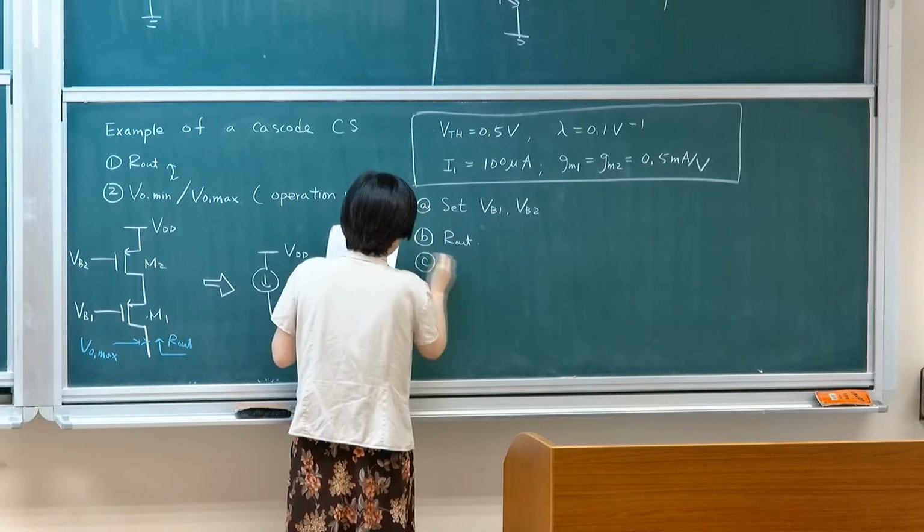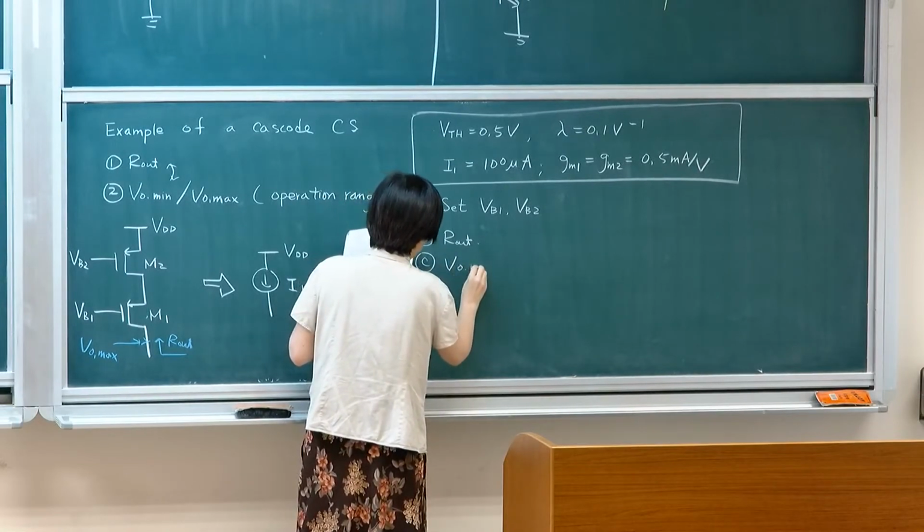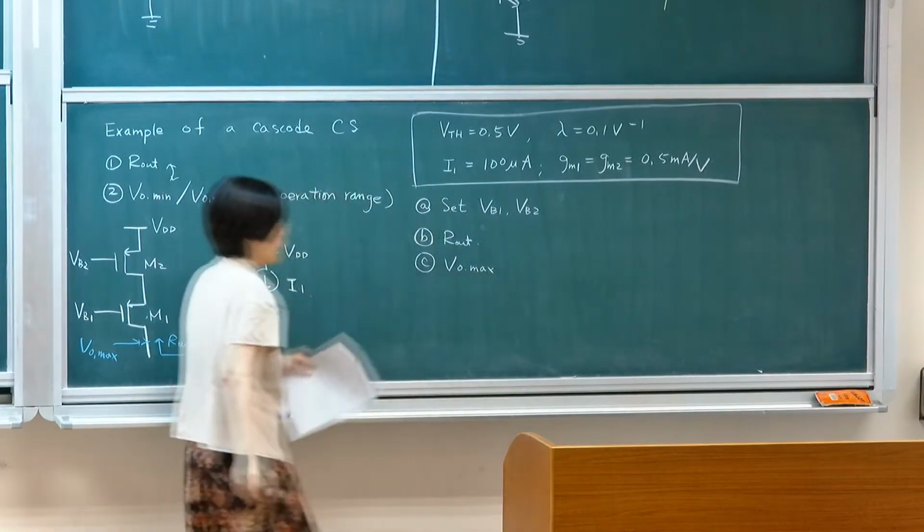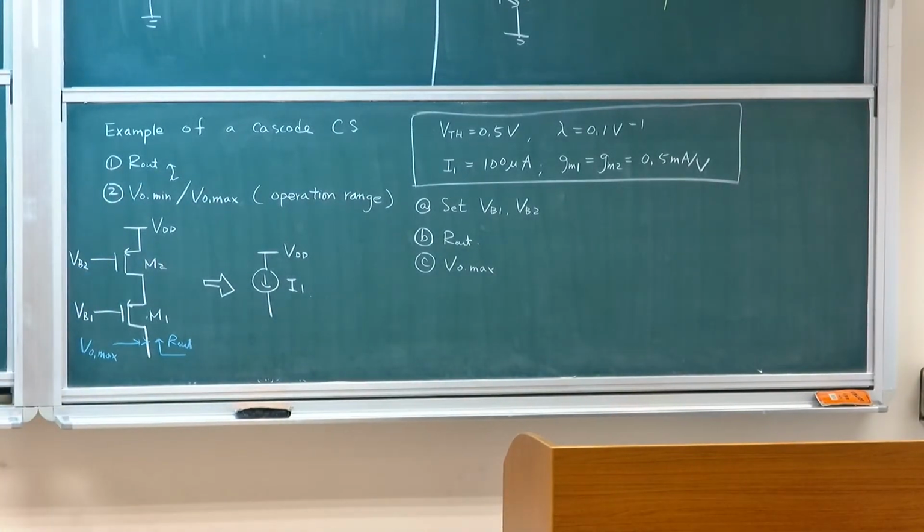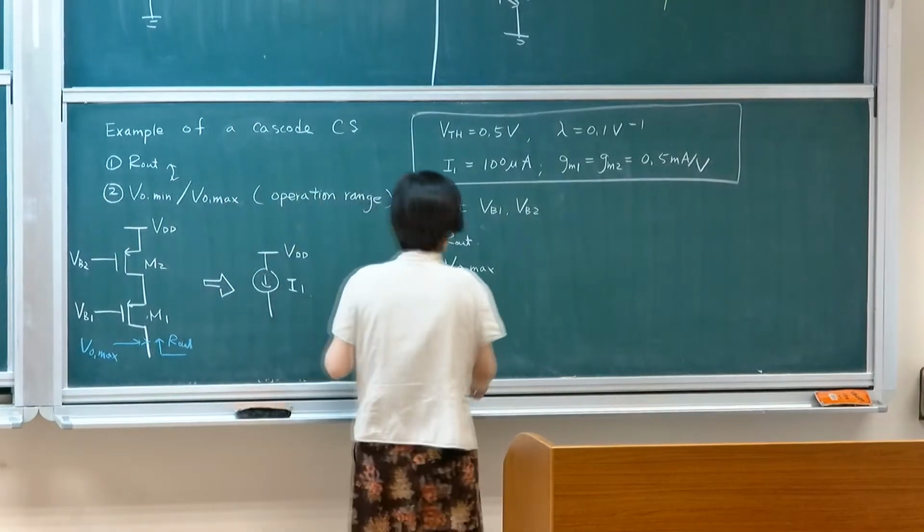And lastly is to determine in that setting what is your ceiling, what is your maximum voltage, so that both transistors are still operating in saturation. Okay? So first of all, anytime you have current and GM, that allows us to set your overdrive.